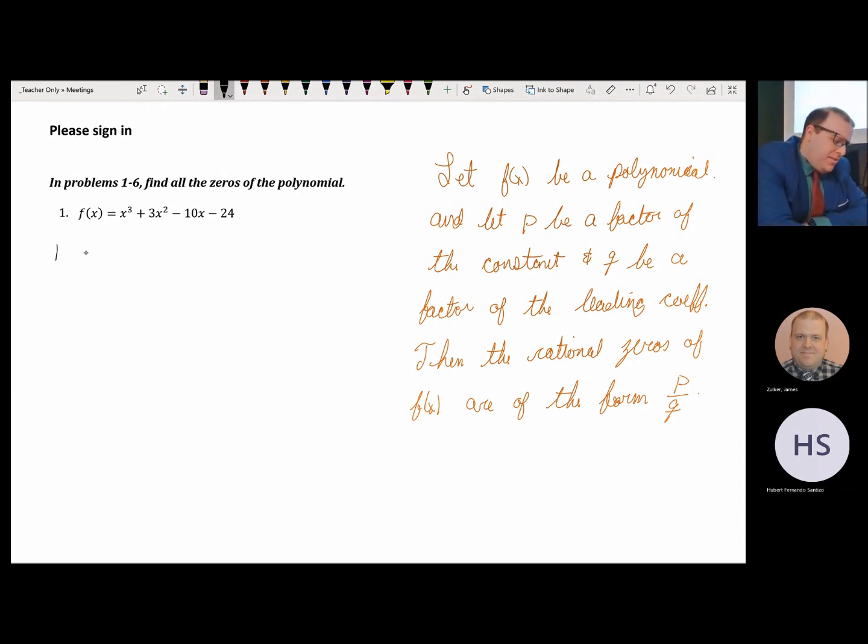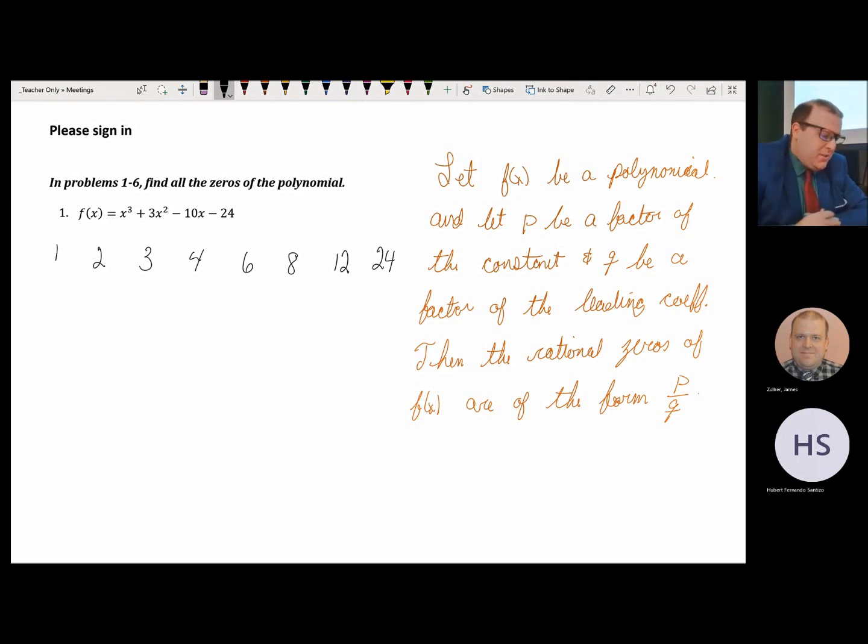And so we said what it was: 1, 2, 3, 4, 6, 8, 12, and 24. Divide each of those by 1, so they just stay the same. That's actually only half the list. You can also have negative 1 times negative 24 is also 24.